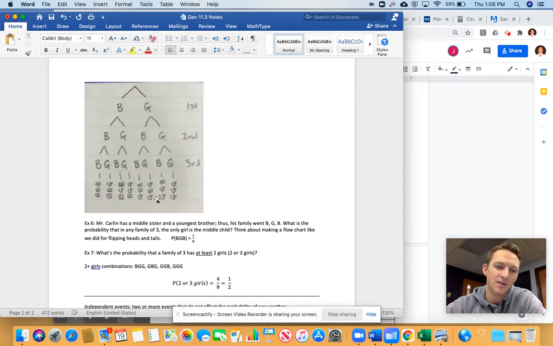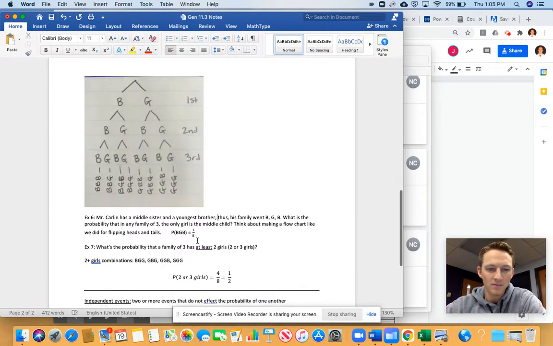These have 3, 2, 2, 1 girl, but it's the first one. 2 girls, 1 girl and it's the middle. 1 girl, no girls. So the only time that it's an only girl in the middle is right here. So the probability of boy, girl, boy is 1/8.